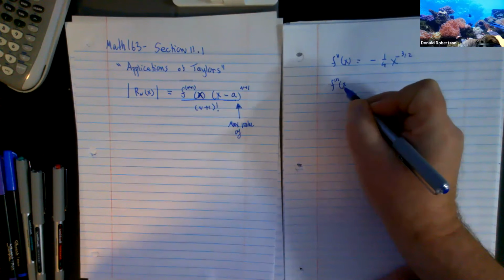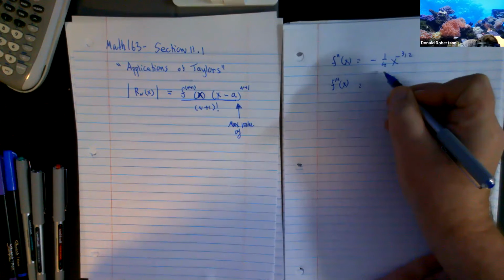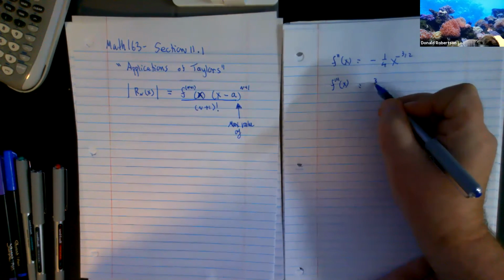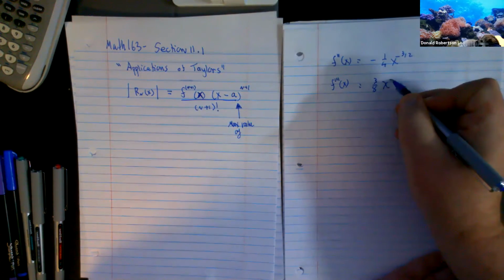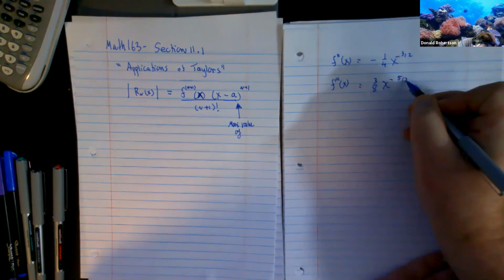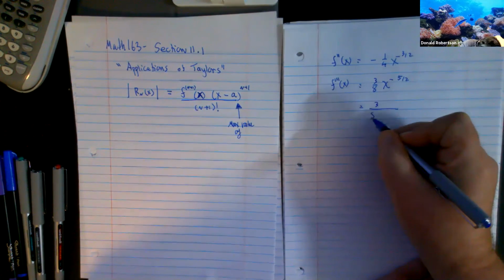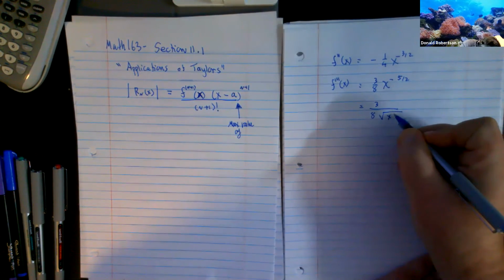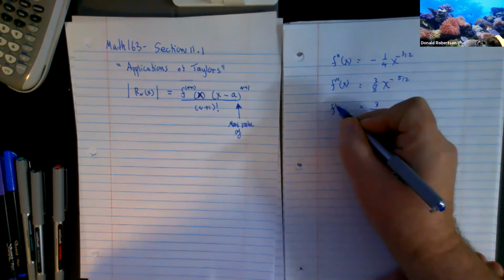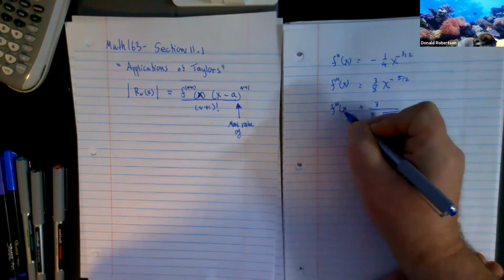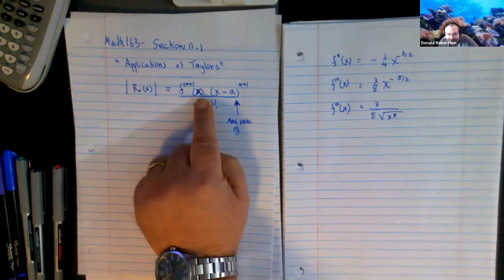The third derivative is multiplied by the power, which gets me positive 3/8, and reduce the power by 1, right? I want to make that look pretty. I won't be able to do very much. So that should have been an x.